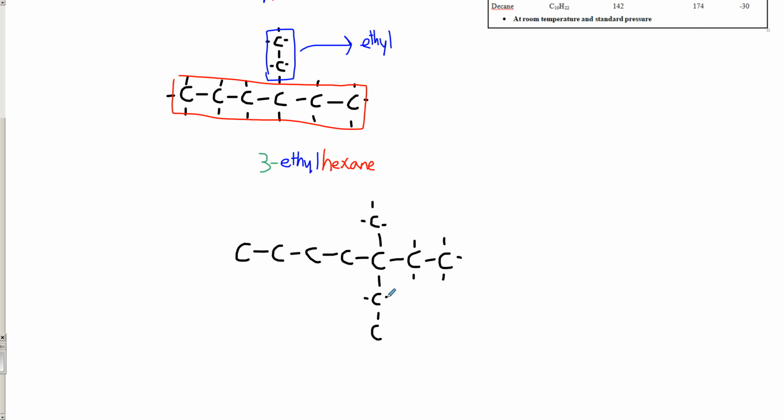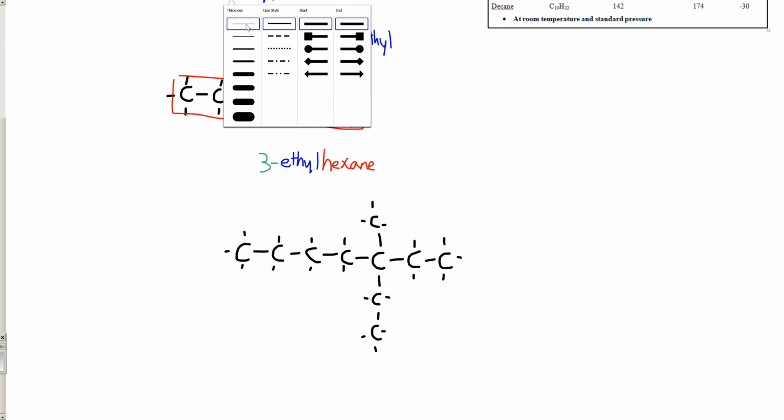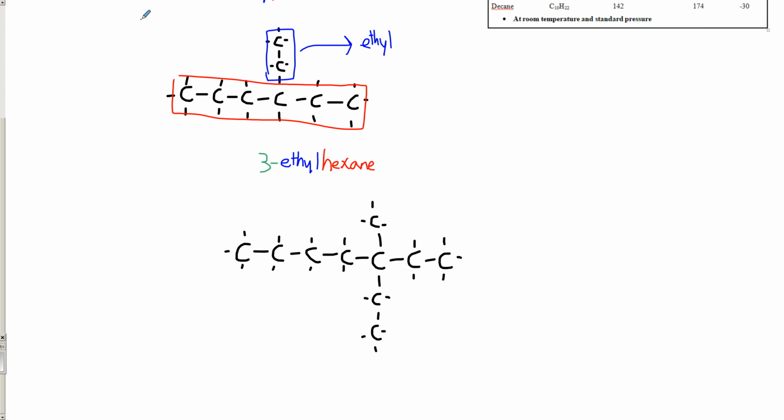Beautiful. Okay, so everything is the same as it was before. We still are looking for the main chain: 1, 2, 3, 4, 5, 6, 7, or 1, 2, 3, 4, 5, 6, 7. It turns out it doesn't matter.